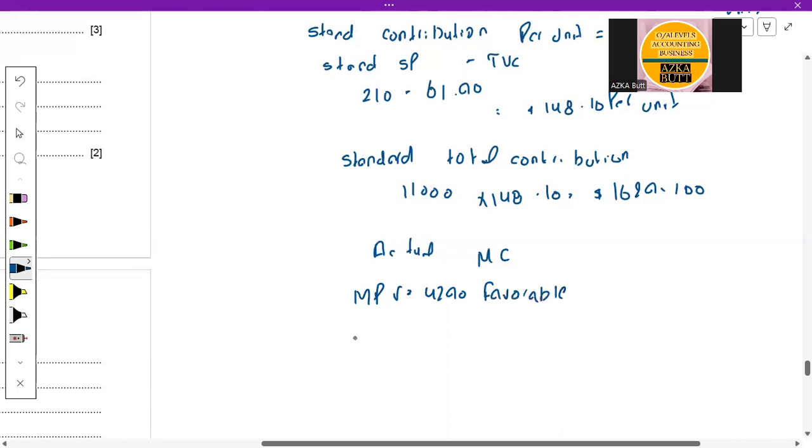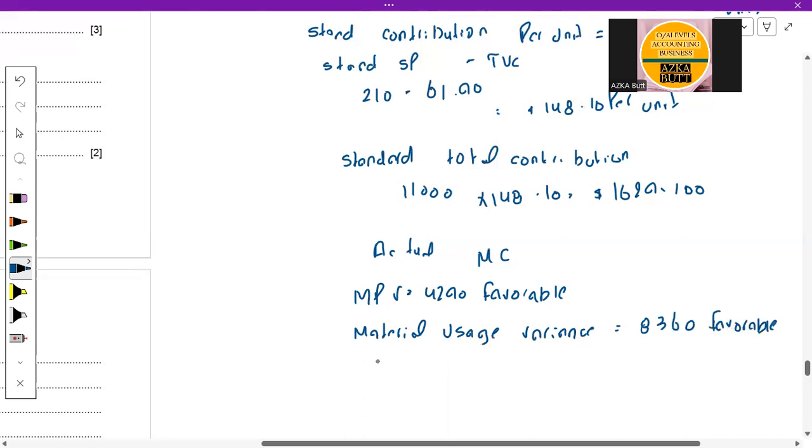Material usage variance is 8360 favorable.